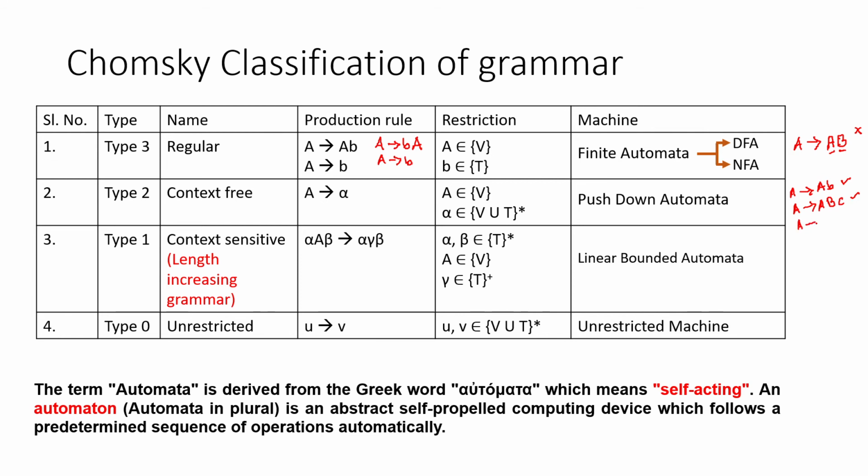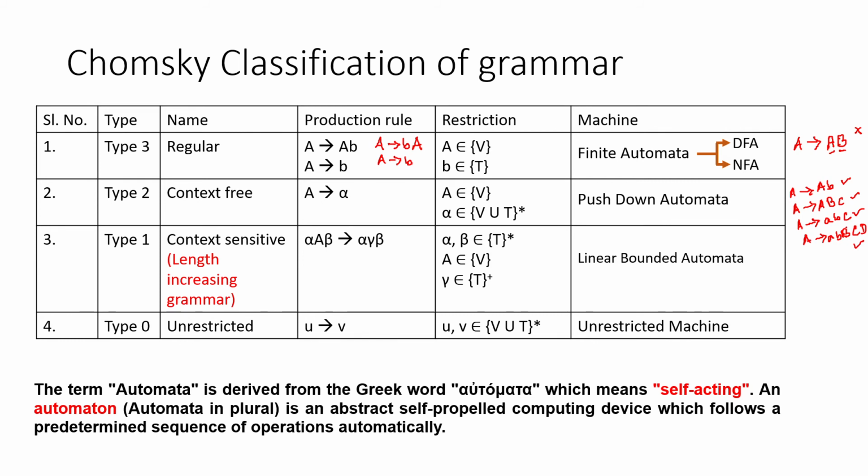For example, if I say only A to small a, small b, small c, this is also correct with respect to context free grammar. So any combination is possible. Even A to small a, small b, capital C, capital D is also correct, because any combination.